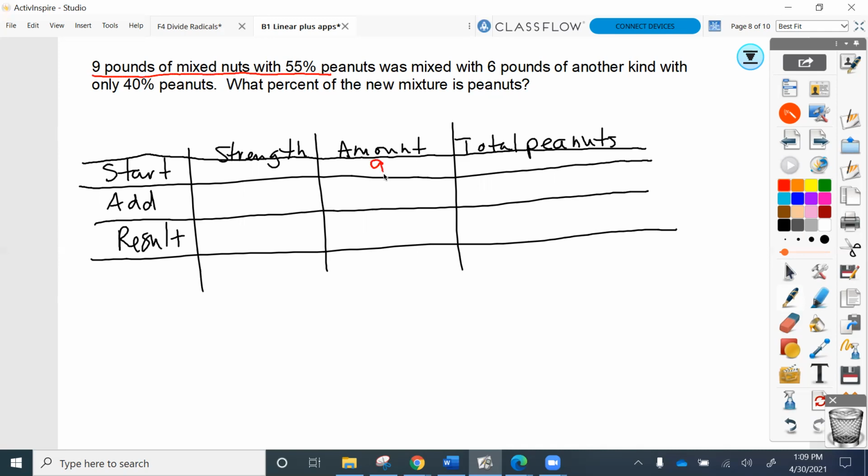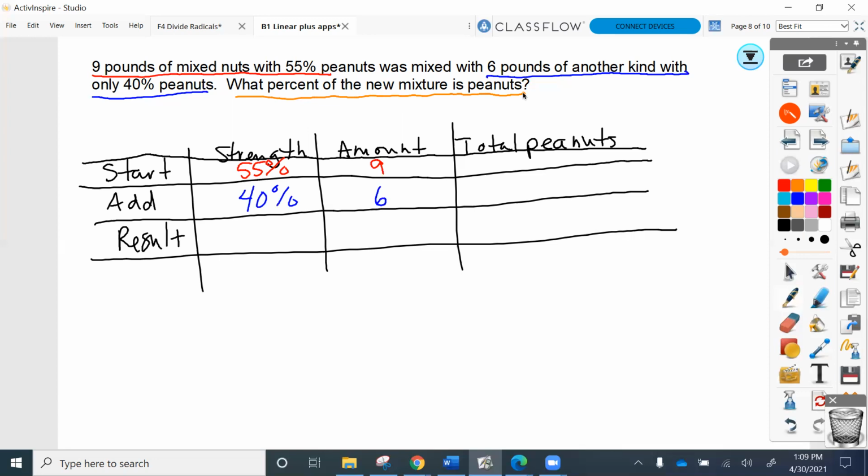So we start with 9, 55% strength. Was mixed with 6 pounds of a different kind with only 40% peanuts. Question is, what percent of the new mixture is peanuts?